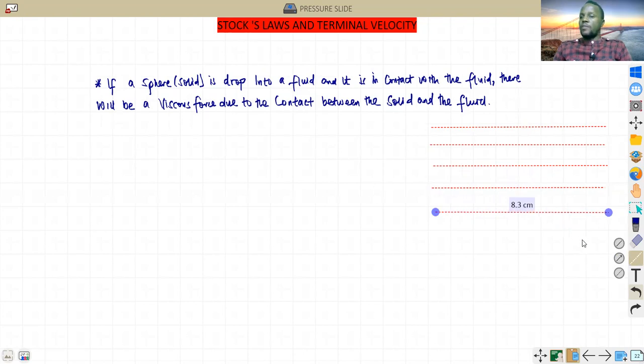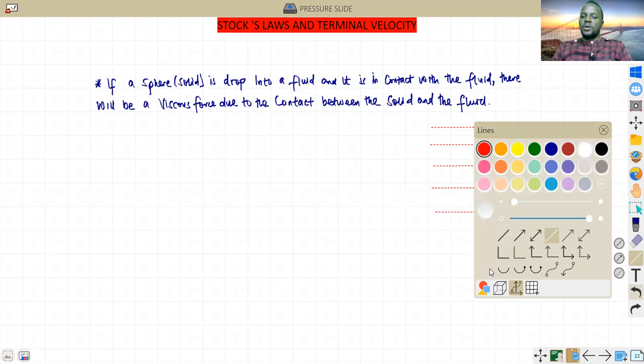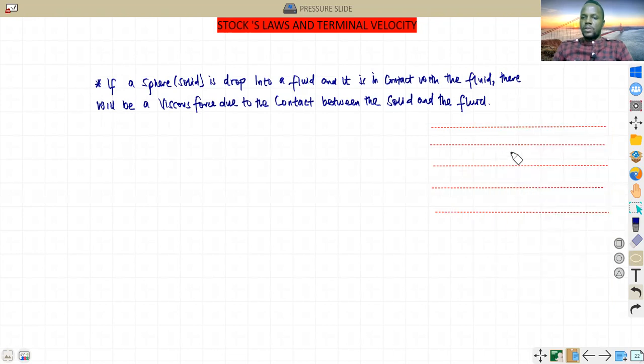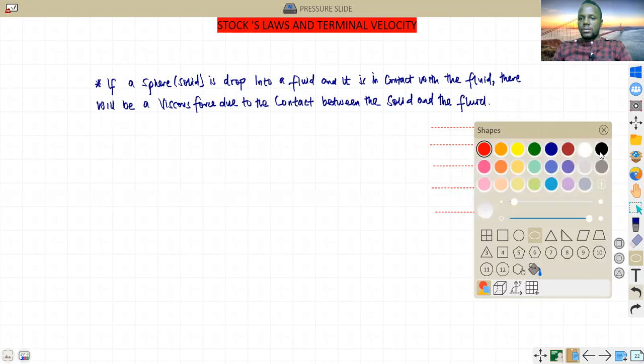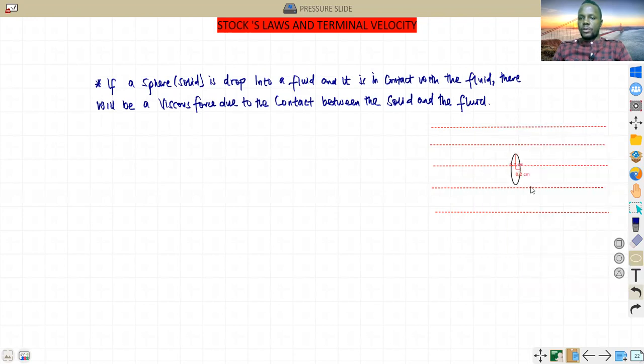Let's say we have a fluid layer in motion. Now we are going to drop a sphere in between the layers of the fluid. So let's say this is a metallic sphere that is dropped inside the layer of the fluid. As you can see, the diagram is not drawn to scale.